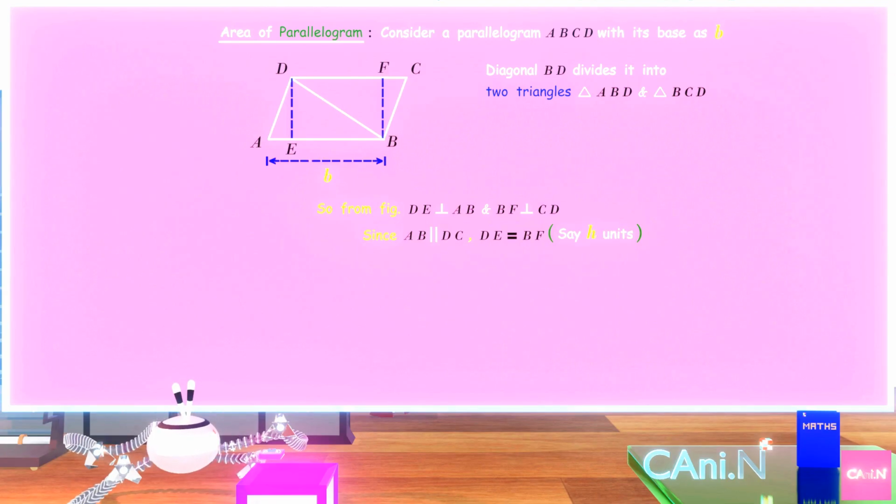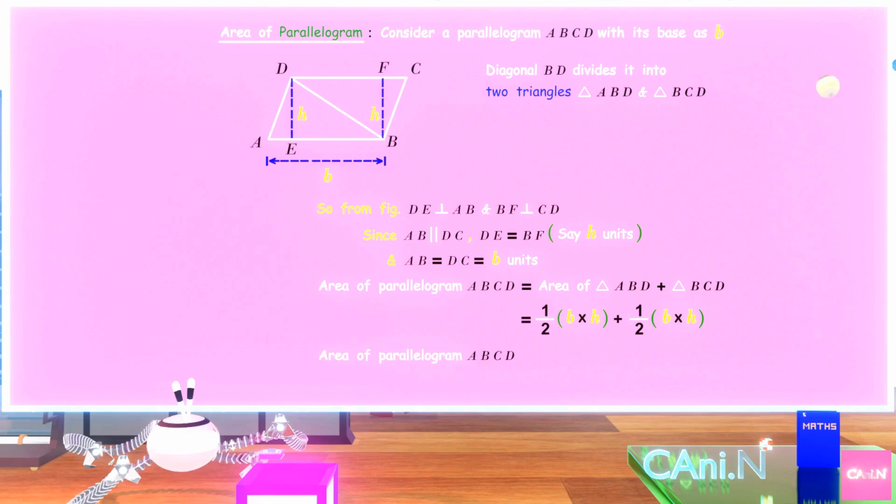Now, since AB is parallel to DC, DE equals BF, and AB equals DC equals B units. Area of parallelogram ABCD equals area of triangle ABD plus area of triangle BCD. Therefore, area of parallelogram ABCD equals base into height.